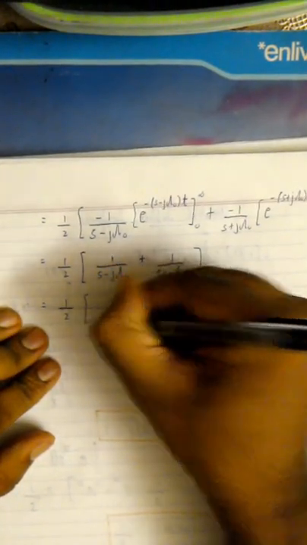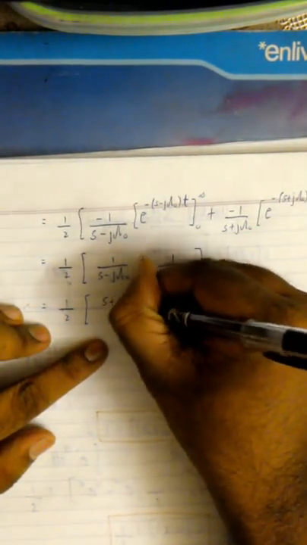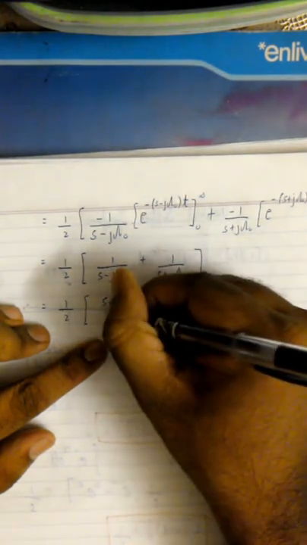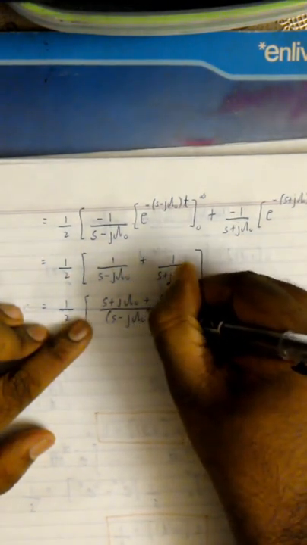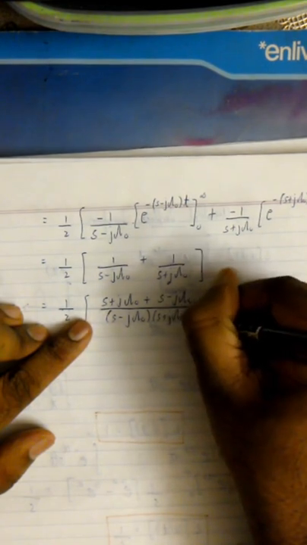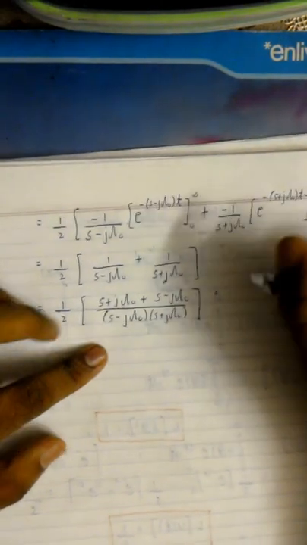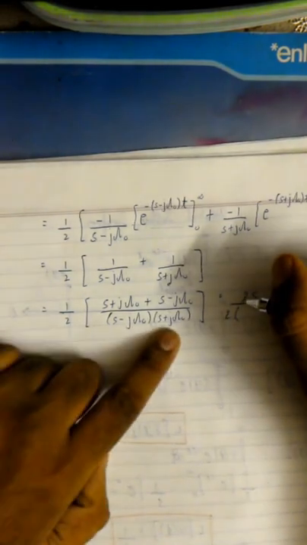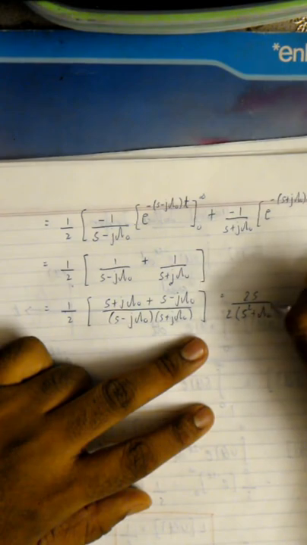This is also equal to 1 by 2 into, cross multiplying, s plus j ohm 0 plus s minus j ohm 0 by s minus j ohm 0 into s plus j ohm 0. So you will get 2s by 2 into s square plus ohm 0 square.